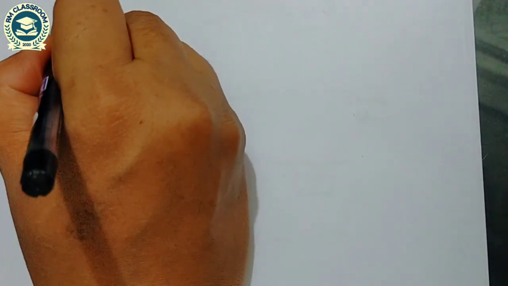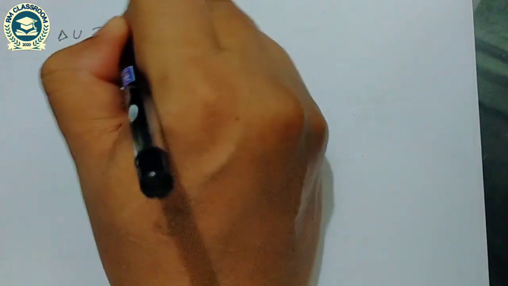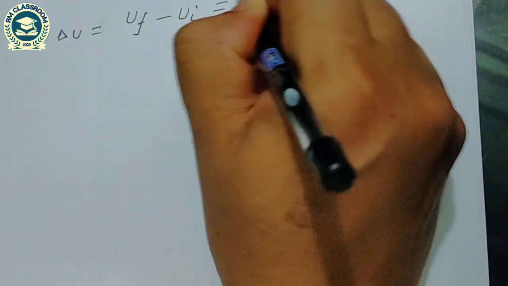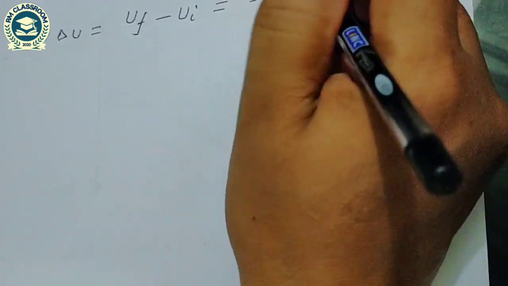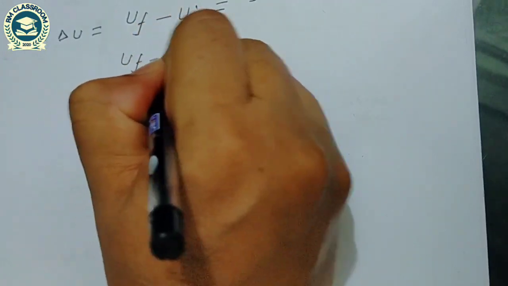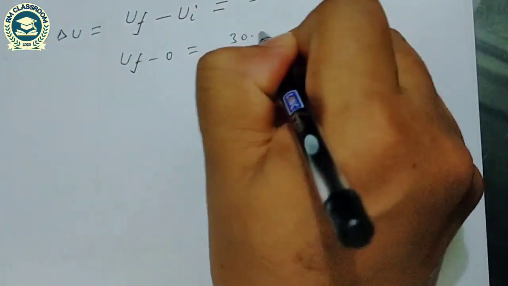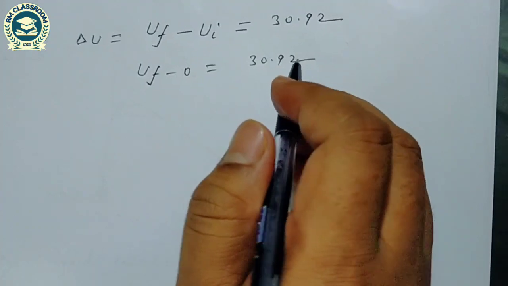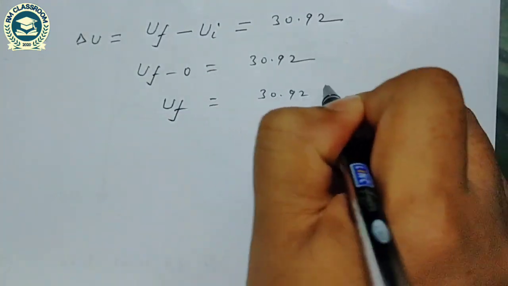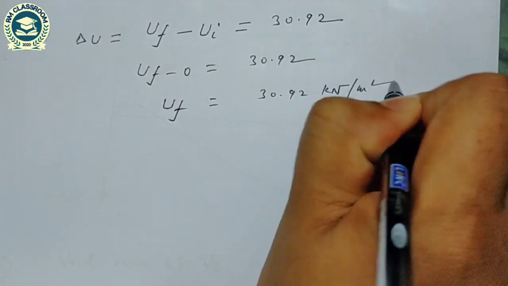and this change in pore water pressure can be written as delta U is equal to final pore water pressure minus initial pore water pressure, and that is 30.92. Initially there is no pore water pressure given, so UF minus 0 is equal to 30.92, so final pore water pressure is 30.92 kilonewton per meter square.